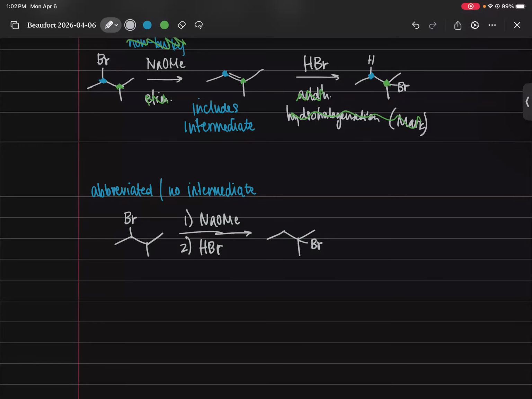So another thing that is not directly related to synthesis, but is a good thing to bring up here is sometimes I might give you a question that looks like this. This looks just like a predict the products question. However, if you go on your pinwheel chart and you say, uh-oh, there's no reagent that's sodium methoxide and then HBr.